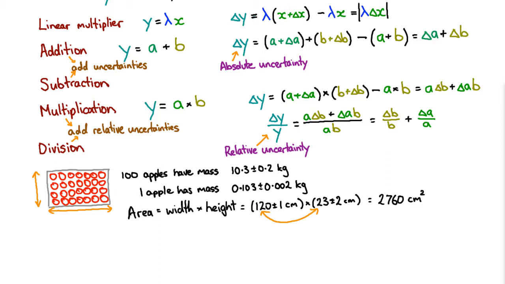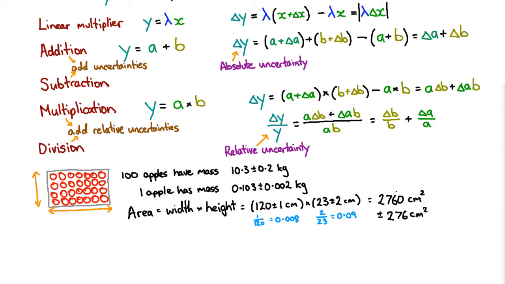So the relative uncertainty in this quantity is 1 centimeter divided by 120 centimeters, which is 0.8%. And the relative uncertainty in this is 2 centimeters divided by 23 centimeters, which is a lot larger, which is 9%. So remember, we have to add the relative uncertainties when we're multiplying two numbers. And so we add 9% and 0.8%, which rounded gives us 10%. And so our error here is going to be 276 square centimeters.